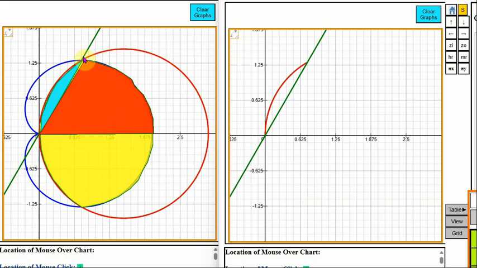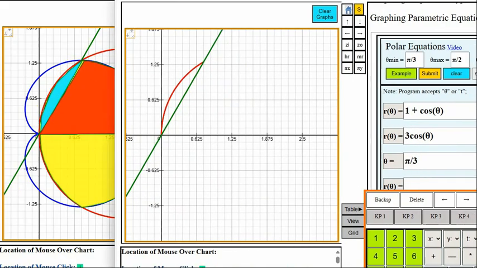To get this piece, I graphed from theta equal to pi over 3 to theta equal to pi over 2, and we get this graph for the function r equal to 3 cosine of theta.